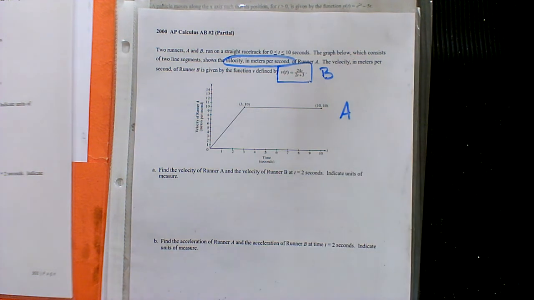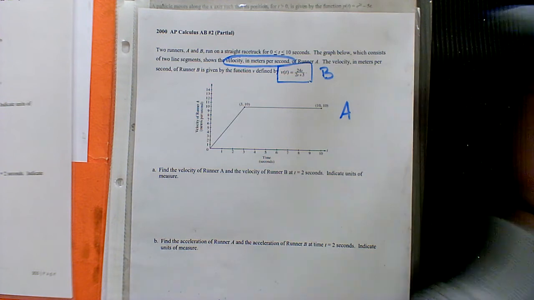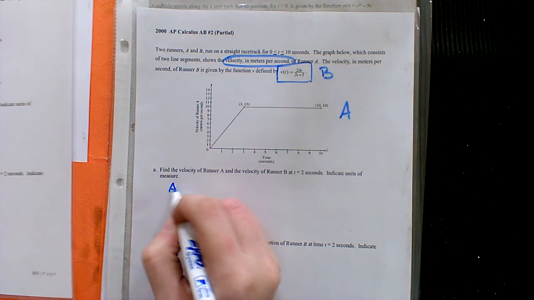Okay, so we actually have two different pieces here. They're not related. So this equation does not produce this graph. I hope we realize that anyway, but we have two different pieces here. So let's see, find the velocity of runner A and the velocity of runner B at time 2, indicate units of measure.